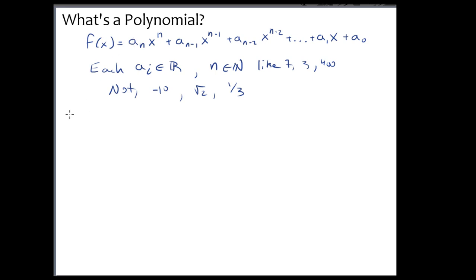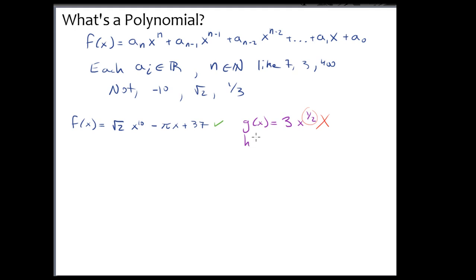Now the coefficients could be anything, so that means that something like f of x equal to the square root of 2 x to the 10th minus pi x plus 37, that's just fine, and that's a polynomial. But something like g of x equal to 3 x to the 1/2, that's not a polynomial because of that to the 1/2.